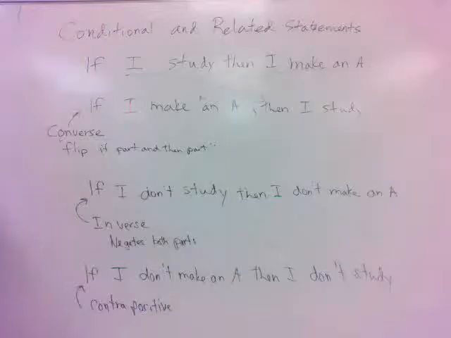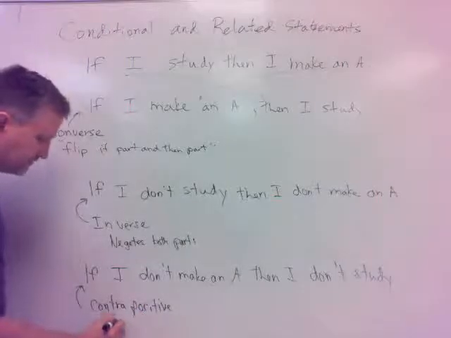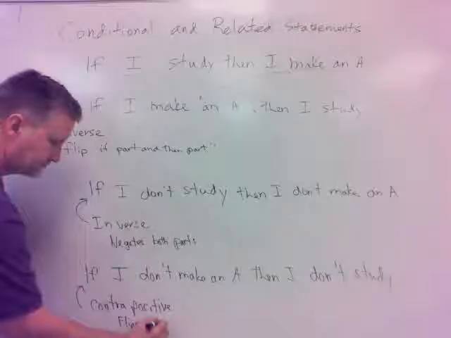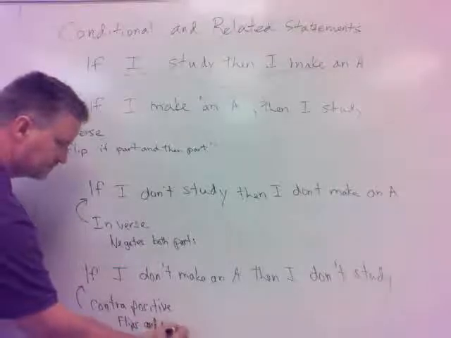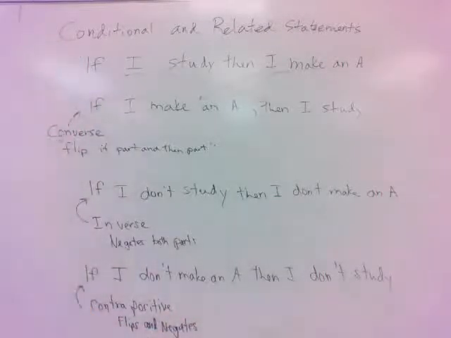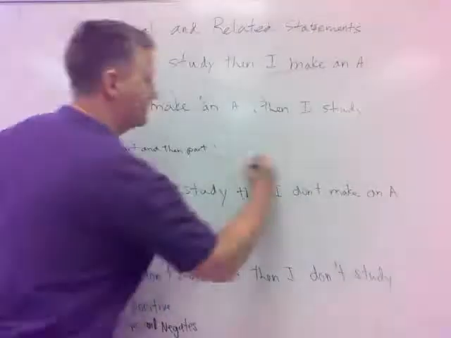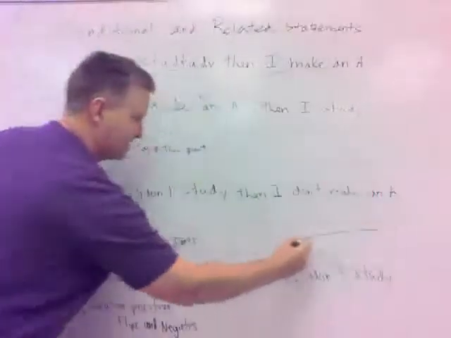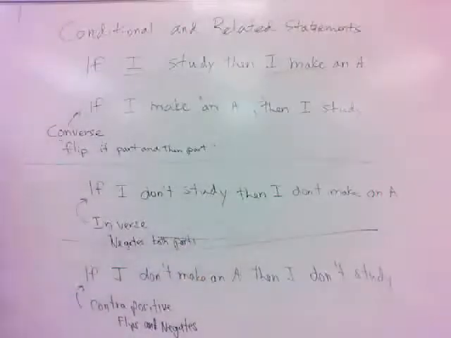Long word. So the contrapositive both flips and negates. All right, so the converse flips. The inverse negates. And the contrapositive flips and negates it. Those are related statements we're talking about.